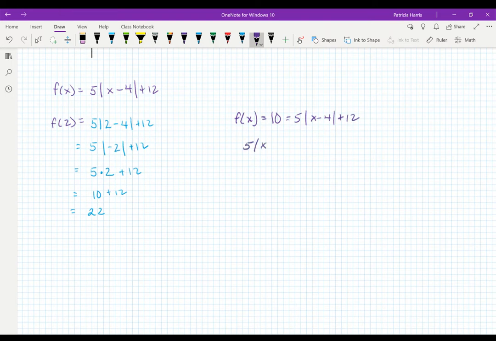Just out of habit, I'm going to switch this around. So we're going to subtract off the 12. Divide by 5. Now some of you are going, wait a minute.